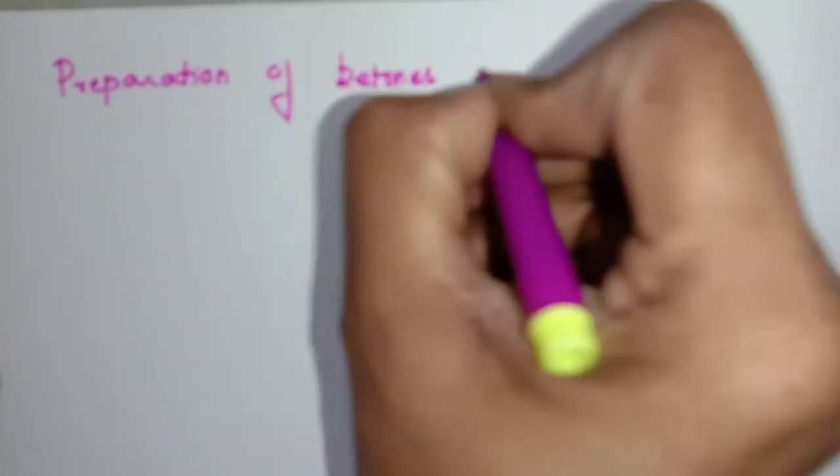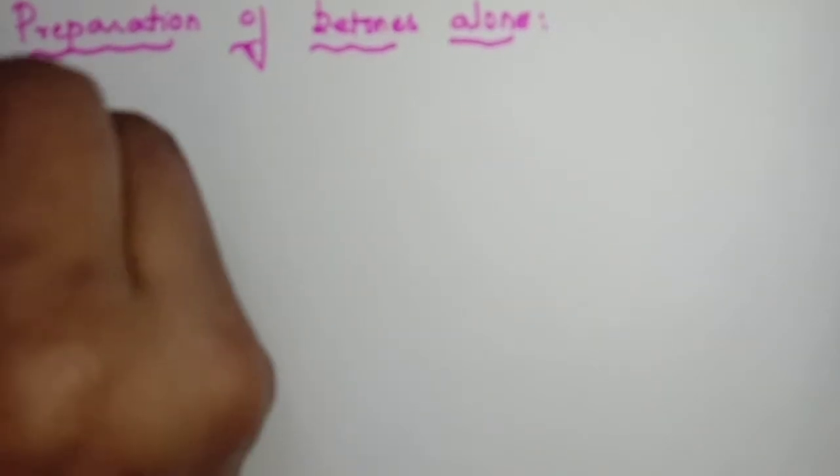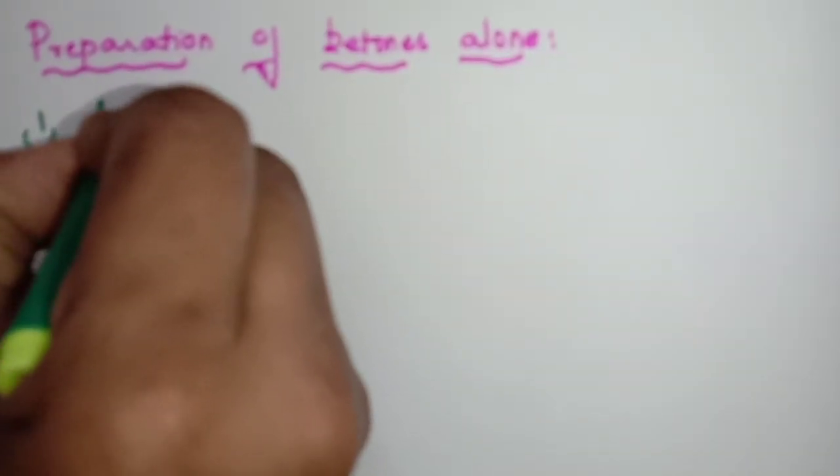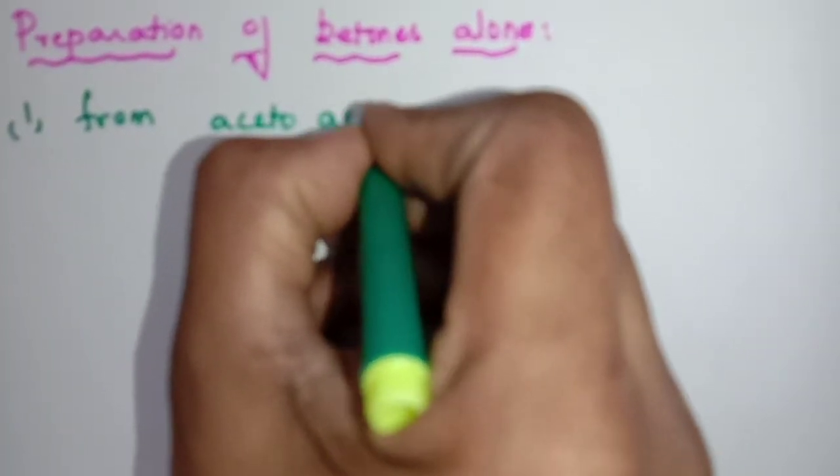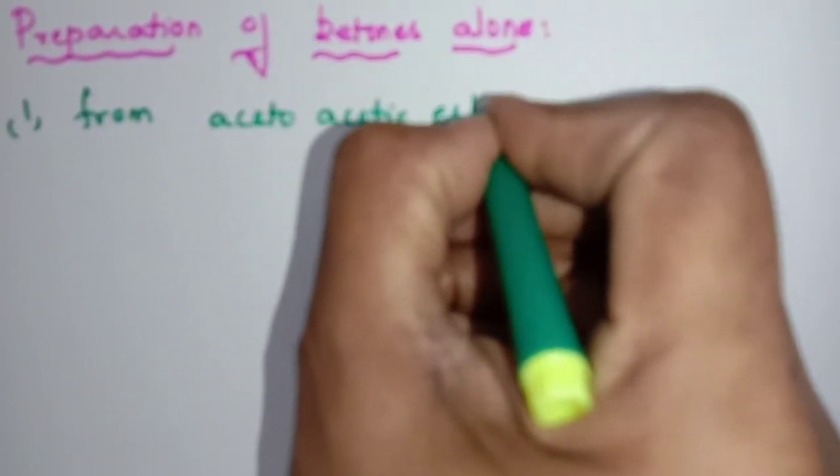Next, let us see preparation of ketones alone. Under which the first method is from acetoacetic ester.